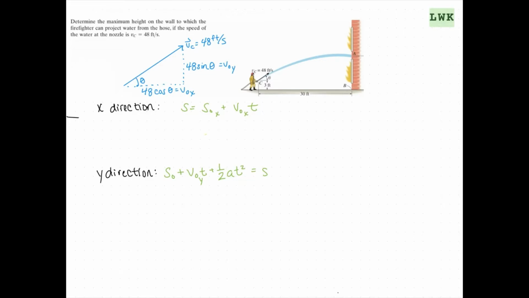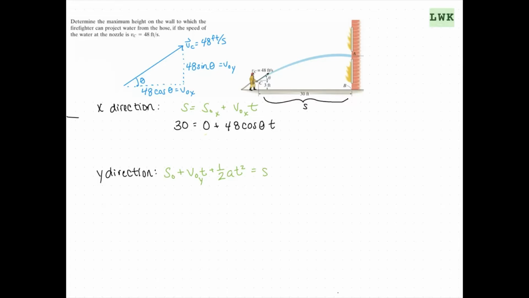So let's start plugging in what we know. So we're going to say 30, starting in the x, because we know that this length right here in the x direction is 30, is going to be equal to 0 plus 48 cosine of theta times time.